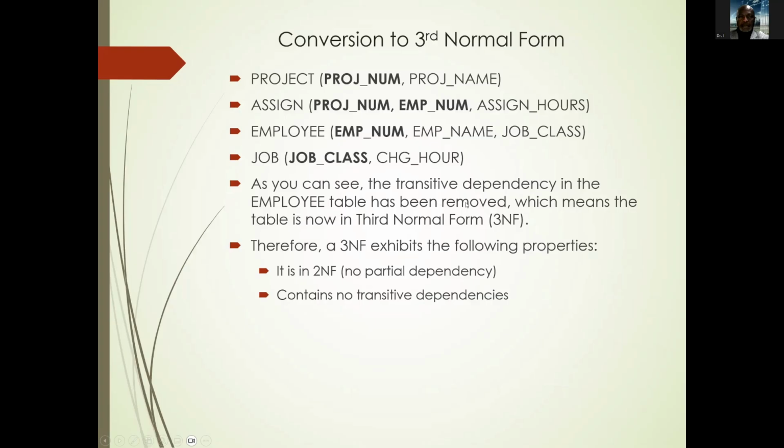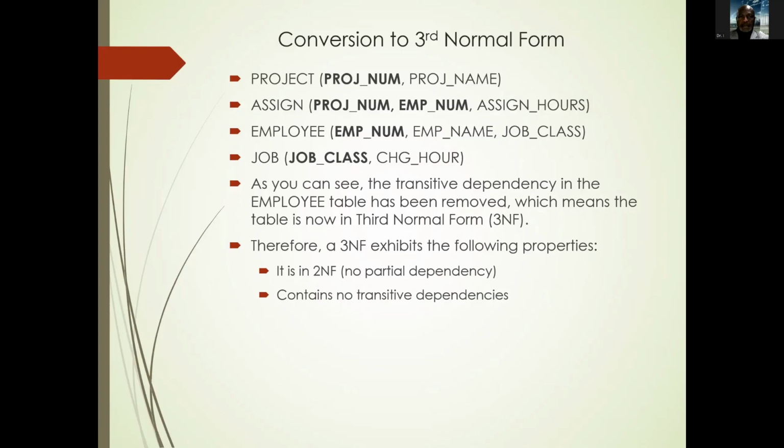Now you can see how we have broken one table all the way into four. This is how we try to normalize your tables in order to reduce redundancy, right? In order to make data reliability possible and all of those things. So as you can see now, we have removed the transitive dependency in the employee table, which means the table is now in third normal form.